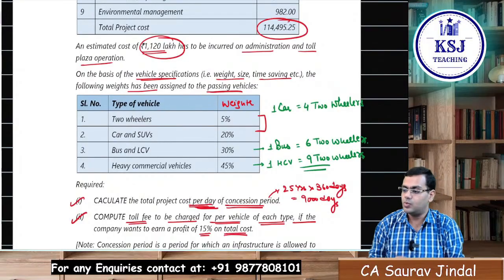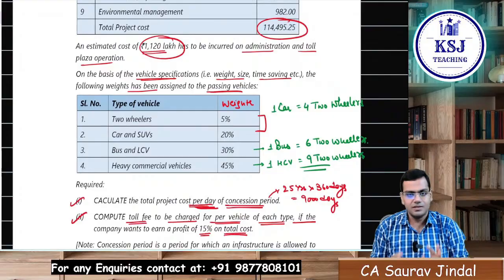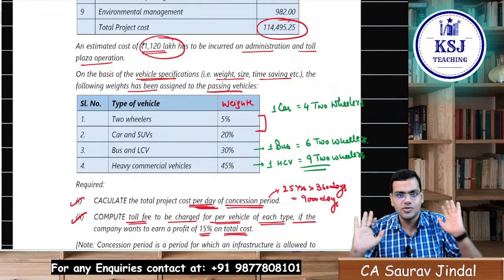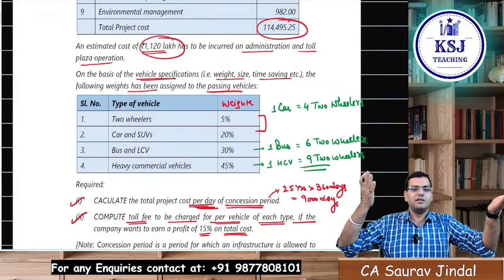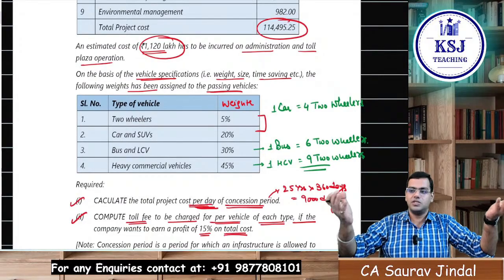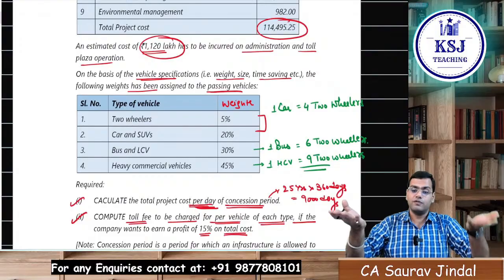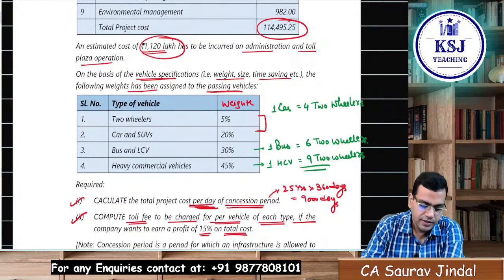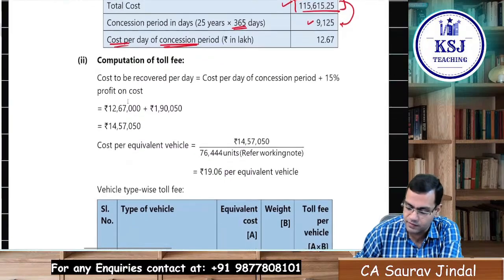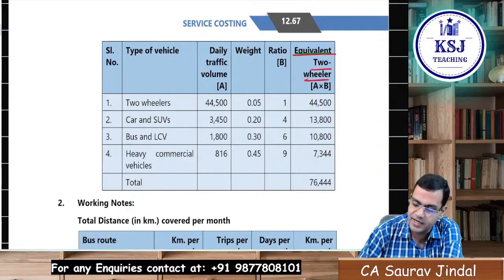Depending upon this weight, if I want to convert everything into two-wheelers, this is a very simple interpretation. The weight of the two-wheeler is 5 kg and the weight of the car SUV is 20 kg, let's say, so one car is equal to 4 two-wheelers. That is how we are going to convert now. Convert it into equivalent two-wheelers.